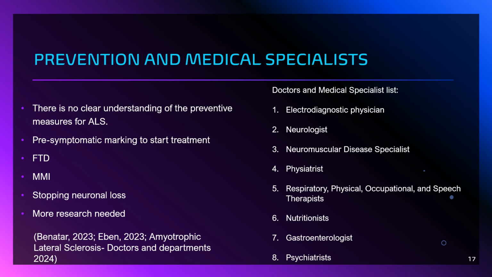Now about prevention. There's no clear understanding of exact preventative measures for ALS, but what they're looking into is presymptomatic markers to start treatment: FTD, which stands for frontotemporal dementia, and MMI, which is mild motor impairment.